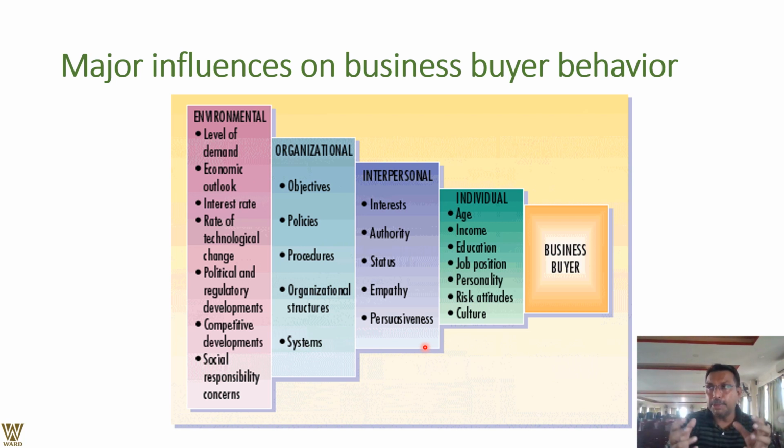Now, along with interpersonal skills, there's a positioning in the organization also, as in the objectives, the policies, the procedures, the organizational structures, the systems. This eventually translates into the environmental levels of demand, economic outlook, interest rate, rate of technological change, or should I say technological adoption, political and regulatory development, competitive development, social responsibility concern, as the case might be.